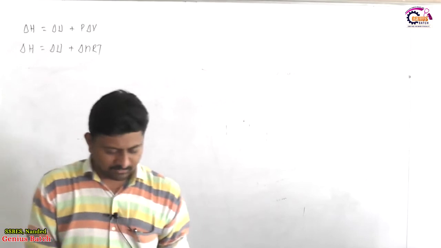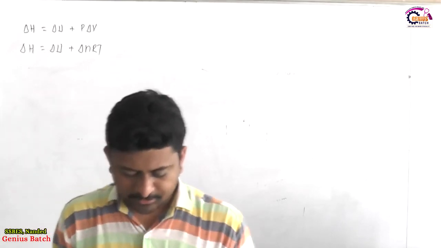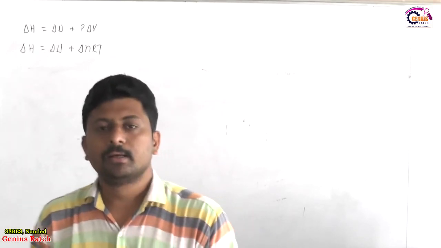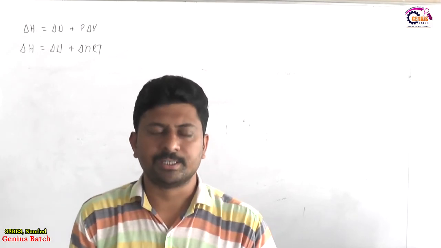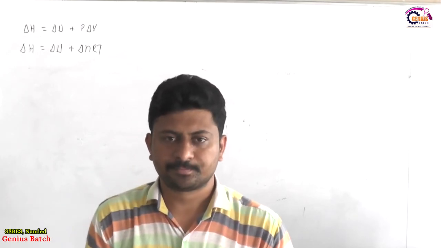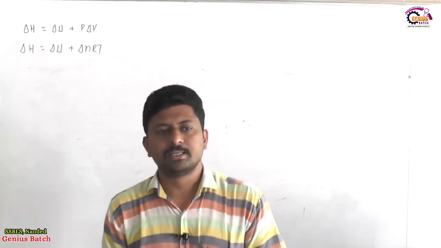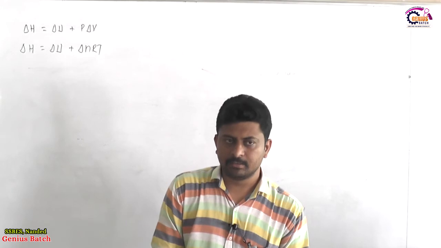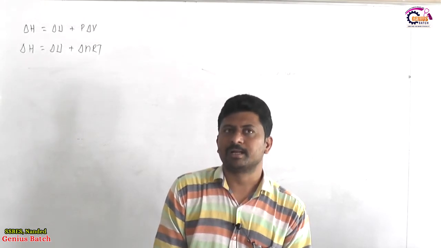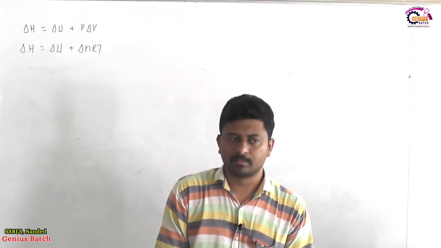Now in the present video lecture we are going to discuss under which conditions this enthalpy change and internal energy change can be equal to each other. The basic relation is delta H is equal to delta U plus P delta V or delta nRT, where the P delta V term stands for work done of a PV type.